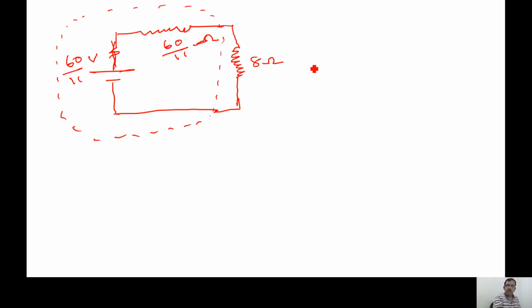Now, if I have to convert this into a current source, then I will have to draw like this. The equivalent representation for the current source is this is my current source, and obviously we will have a shunt resistance. So the same value.